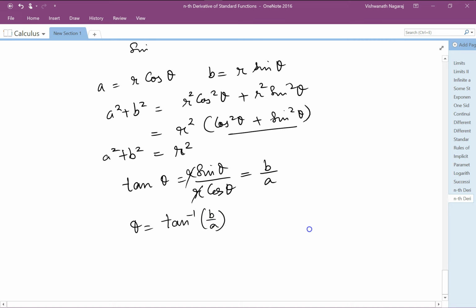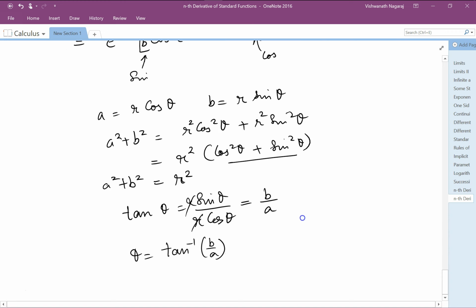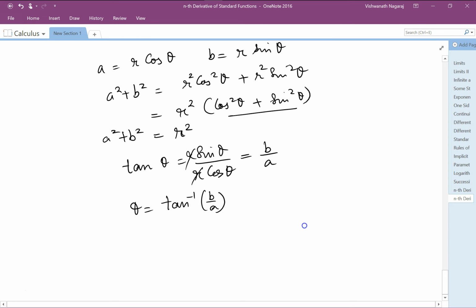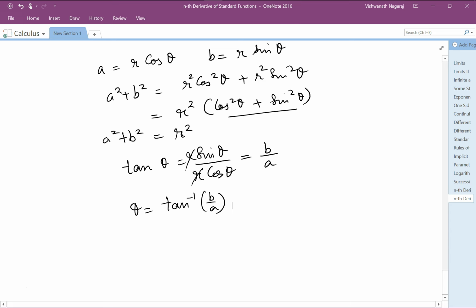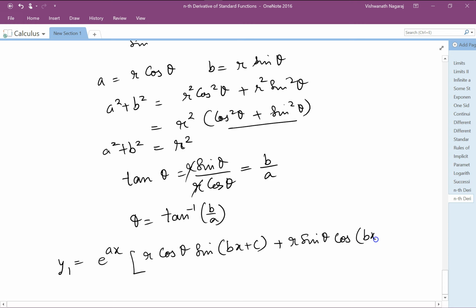Okay. So now let's go back to our y1. Now what is happening here is, if we substitute a and b with this, y1 is equal to e to the power of ax [r cos theta sin(bx + c) + r sin theta cos(bx + c)].